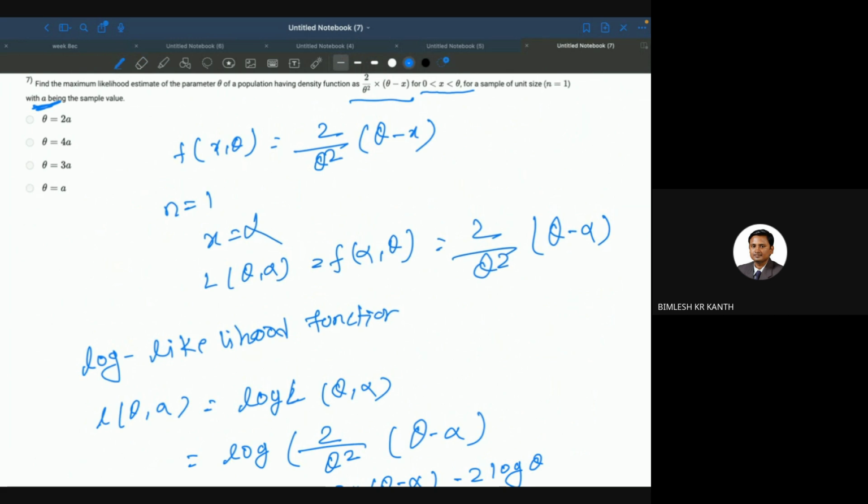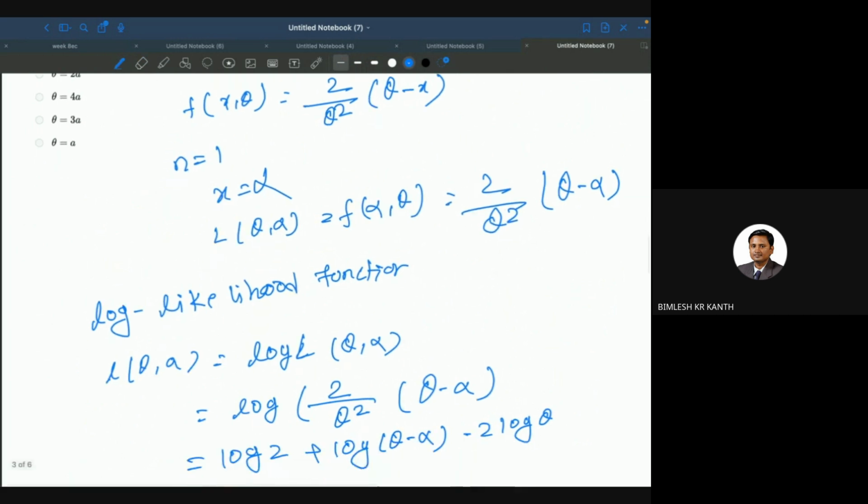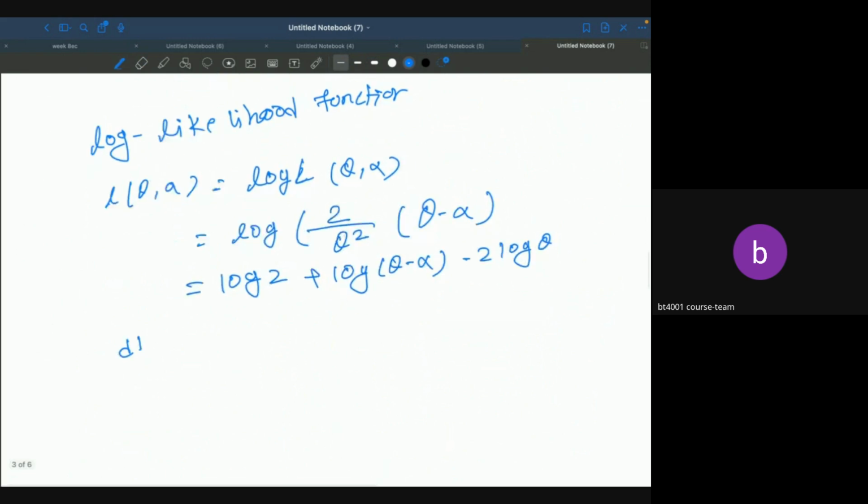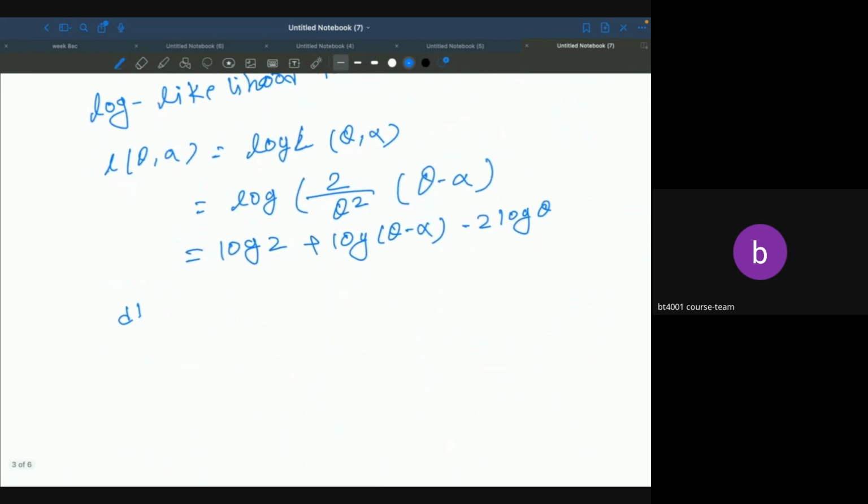We are taking log of that, so it becomes like this. Now we have to differentiate with respect to theta, not alpha.